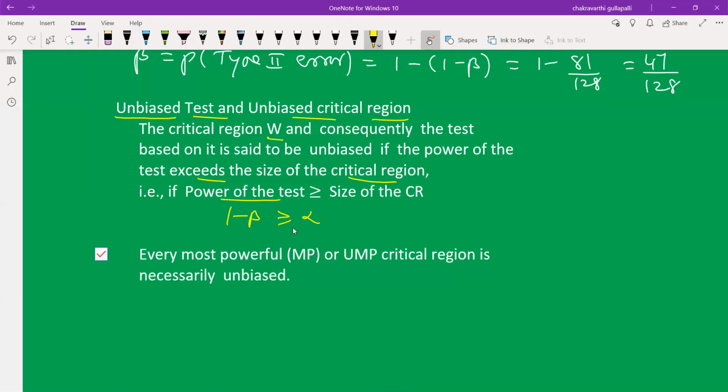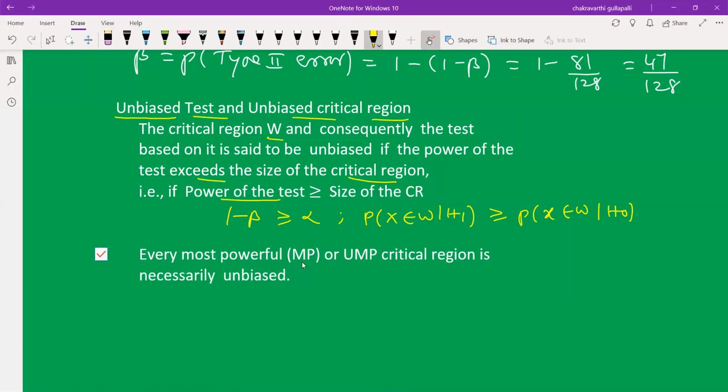So the corresponding test is called unbiased test, and the corresponding critical region is also called unbiased critical region. Here 1 minus beta, probability of x belongs to W under H1, is greater than or equal to probability of x belongs to W under H0.